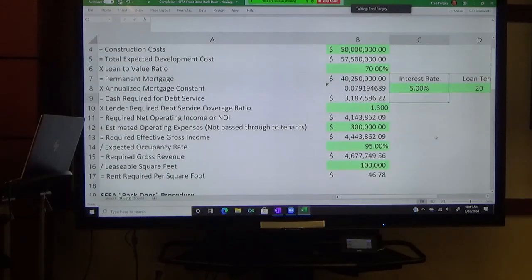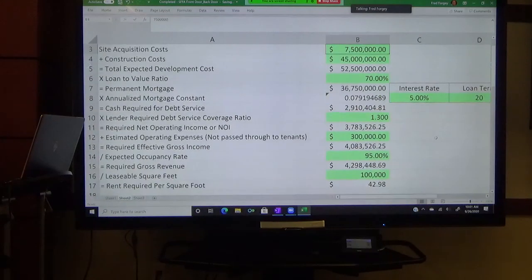Totally makes sense. What if we can lower our construction cost to $45 million? Same thing. That's going to lower the rent we need per square foot. What if we can lower our land acquisition price from 7.5 million to, let's say, 5 million? And so forth and so on.